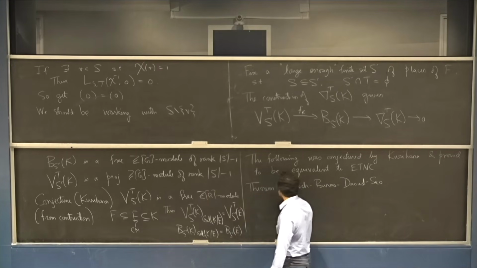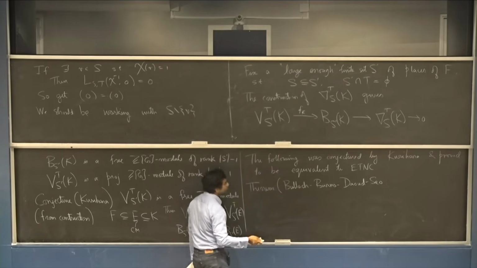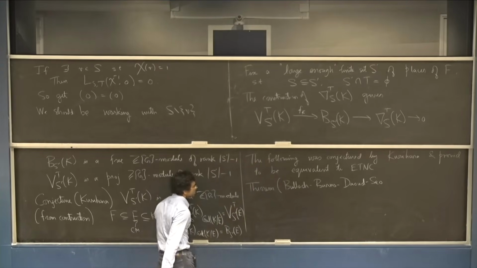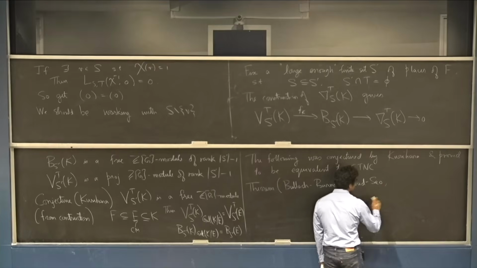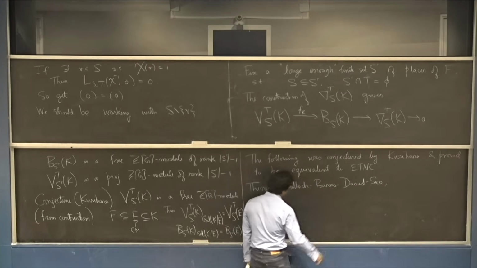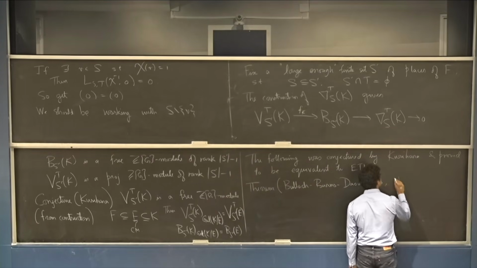And as a consequence of their machinery, they get this theorem. The main input is the previous theorem that I had, this conjecture of Burns, Kurihara, and Sano. And then our proof is basically inspired by them, but maybe a simplified version of their proof.